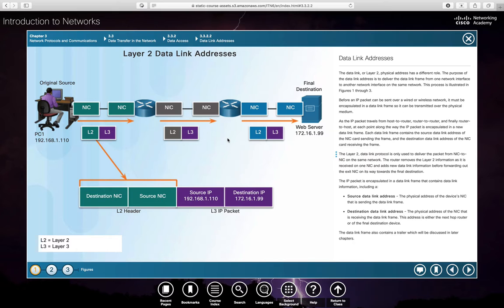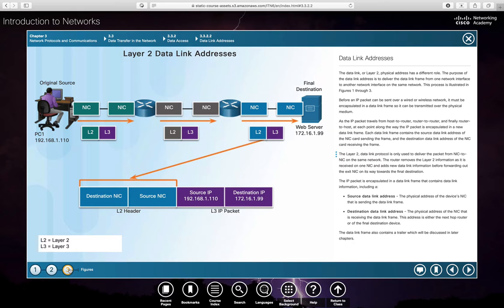So as it's traveling through routers, it'll keep stripping off the layer 2 headers, examining the IP address to figure out what to do, and then put a new layer 2 header on that. Let me see what's on 2. So yeah, figures 2 and 3 are just showing you that process.